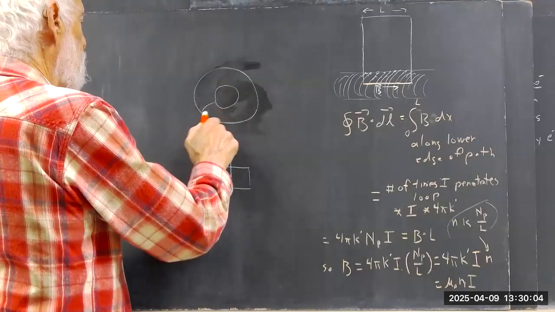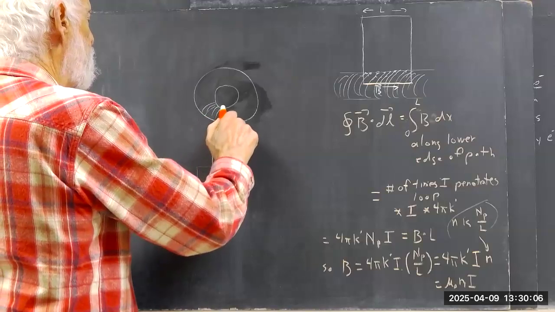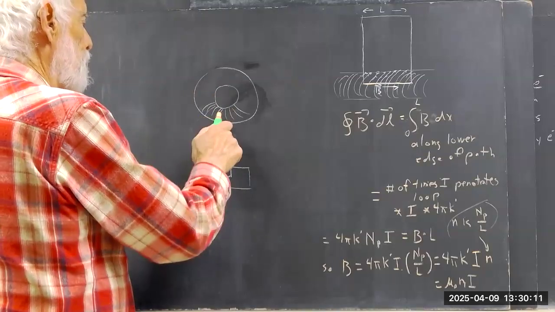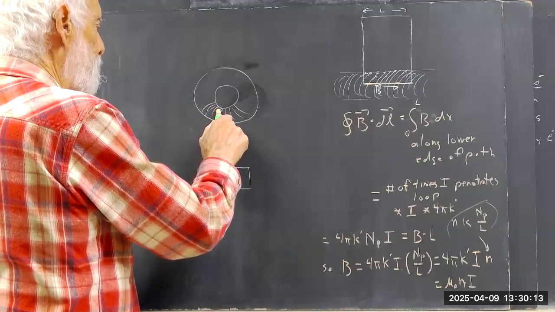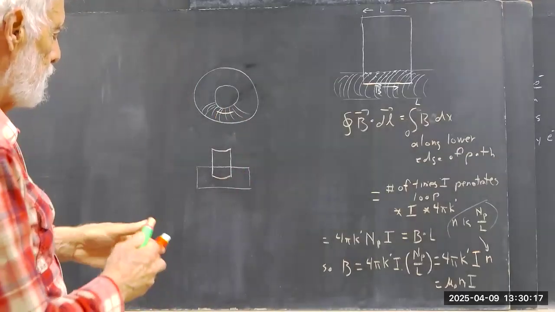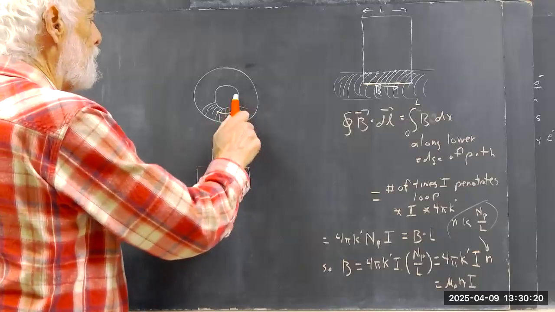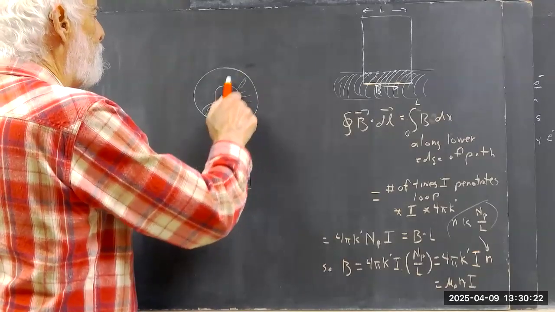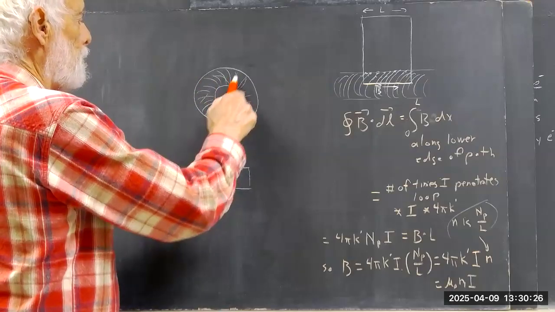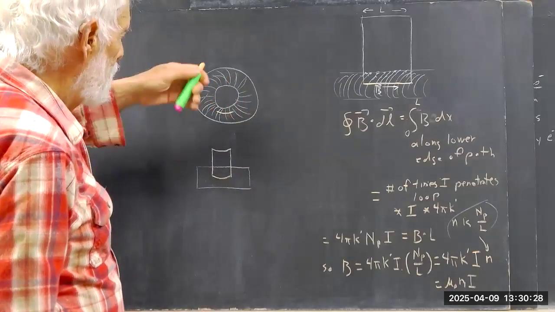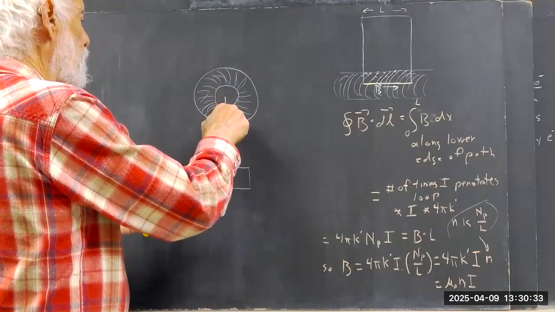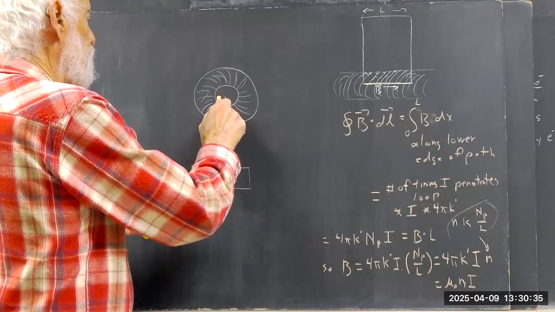But what I'm wanting to look at is some segment of this thing here. This is a top view. And I guess I'll draw the rest of my loops. Okay. This is a top view. This thing is a distance r.